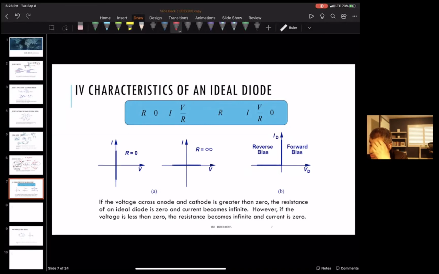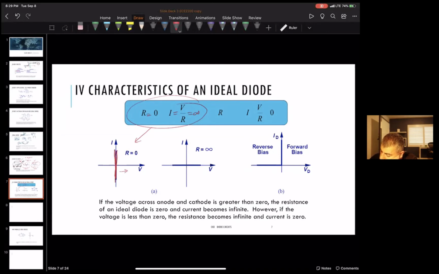Okay, so basically this is the ideal characteristics of an ideal diode. So in this case, this is what you get. Let's say you had a short.